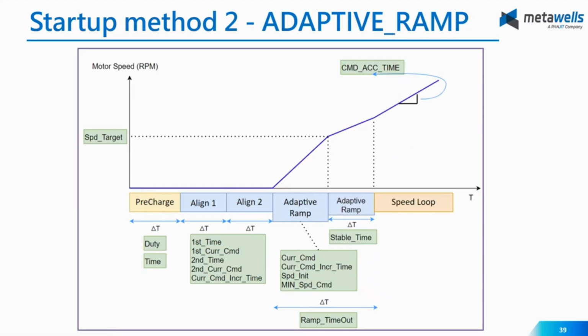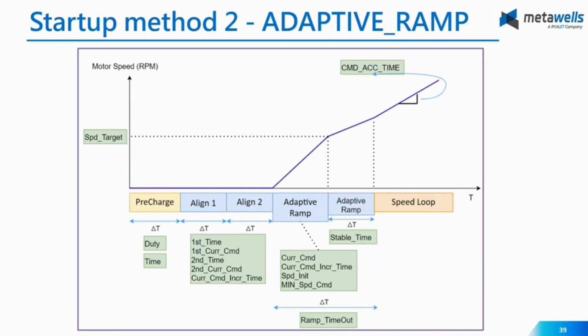Okay, we also use this flow chart to describe the state and parameters. The state machine for adaptive ramp is quite similar to the startup method in open loop ramp up. There is a different state here, adaptive ramp.